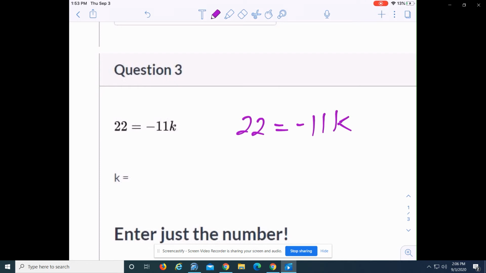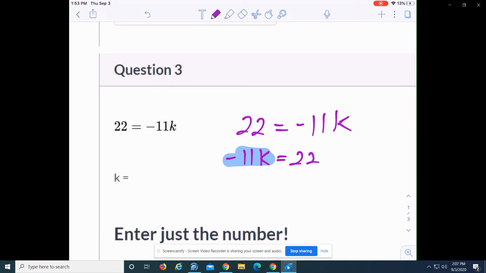So I'm going to change this to where it becomes negative 11k equals 22. I'm just going to switch what's on the right side to the left side, and what's on the left side to the right side. So this means negative 11 times k.